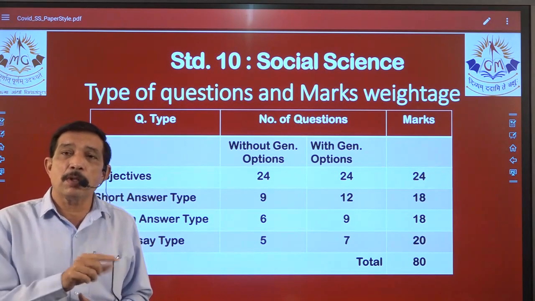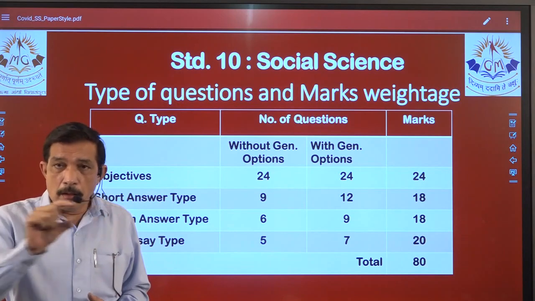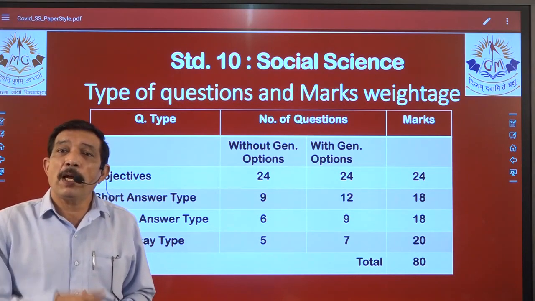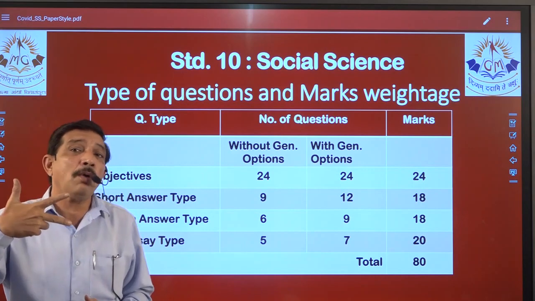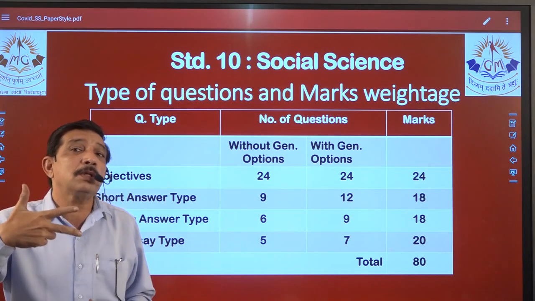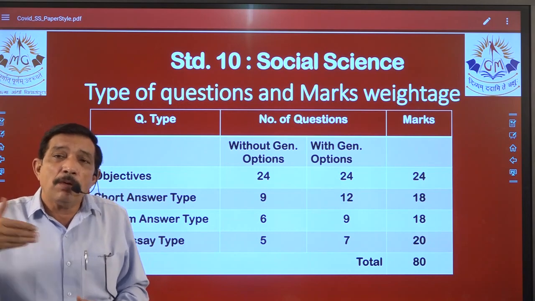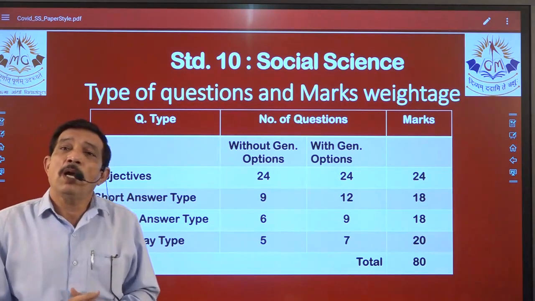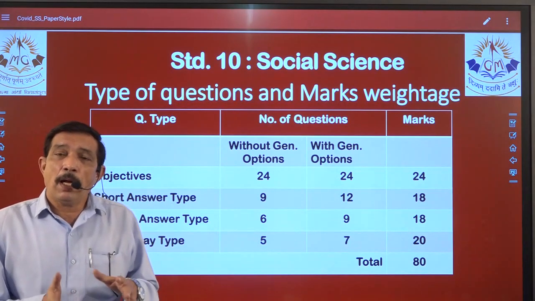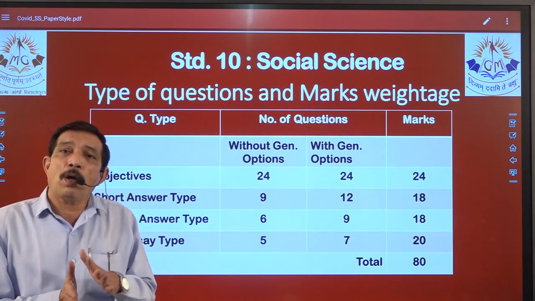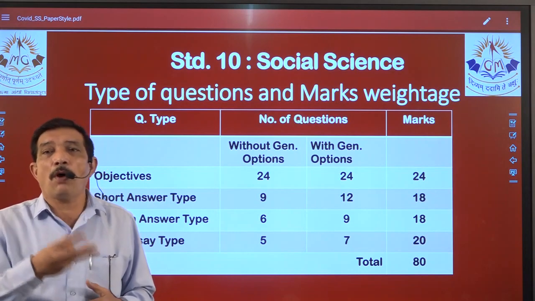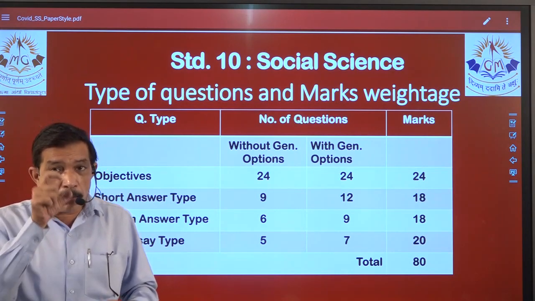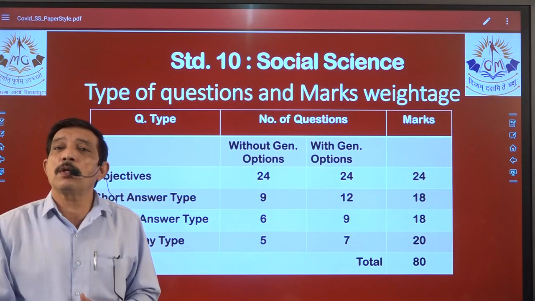For example, for question number 3, a question is given, and another question number 3 will be given, so you have an option in question number 3. Same way, again 5 or 6, somewhere there will be an option. So at the end, out of the 10 questions given to you, you have 3 options, right? But a particular question will have a particular option.